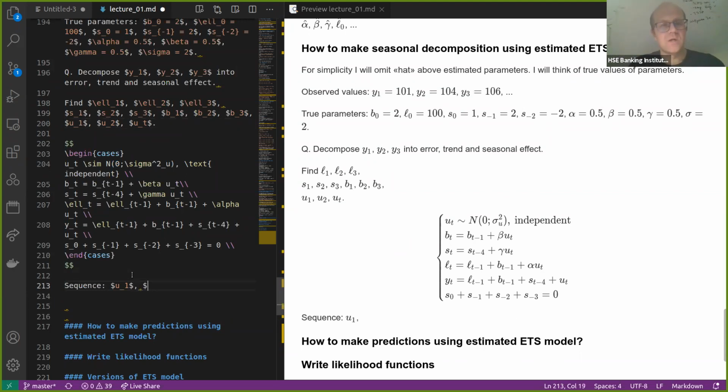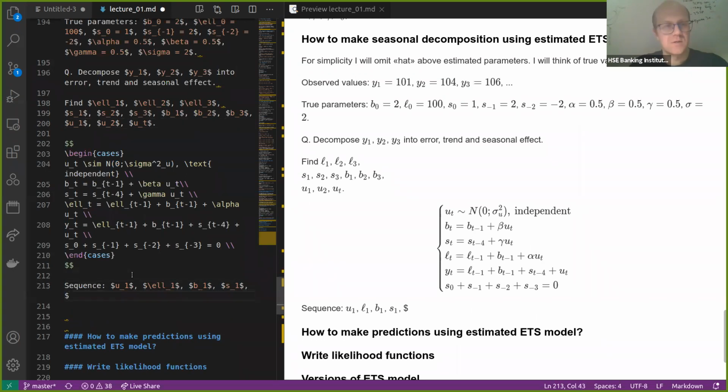Then I will calculate L1, B1, S1, well, that's all.